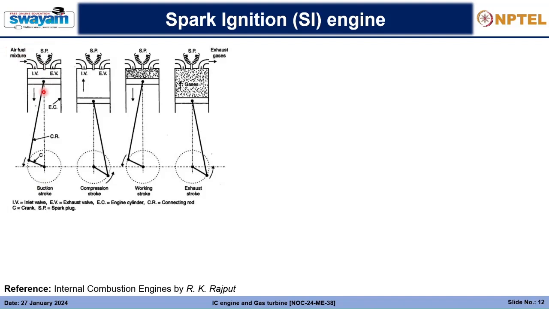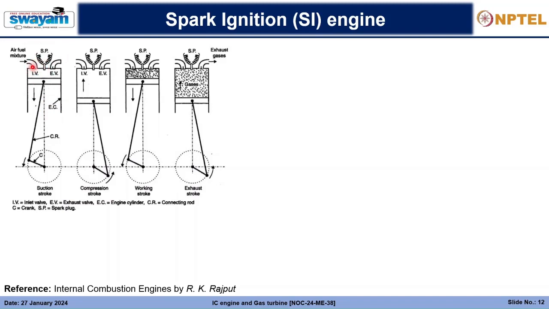And why will it come inside? Because as the volume increases, it suddenly lowers the pressure here below the atmospheric pressure, and this pressure difference drives the air fuel mixture into this system. When the air fuel mixture is completely present here, the inlet valve will close.